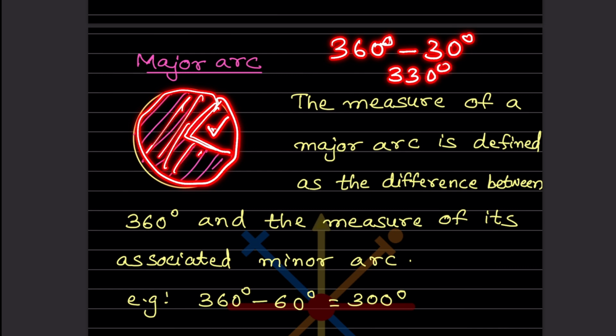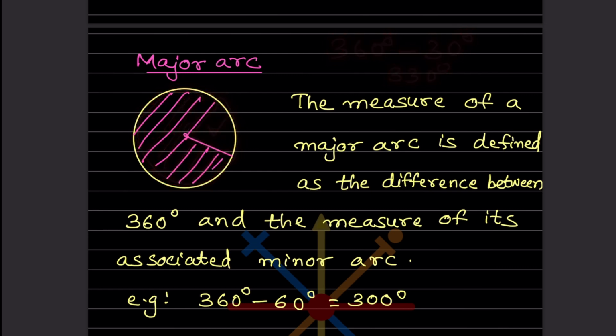So this is called the major arc. Hope you got this, because this is the full circle and from it you are subtracting the smaller one. Here the example is given. It can be anything. This can be 30, I just gave you an example. It can be 60. The minor arc, if you subtract it, that is the major arc.